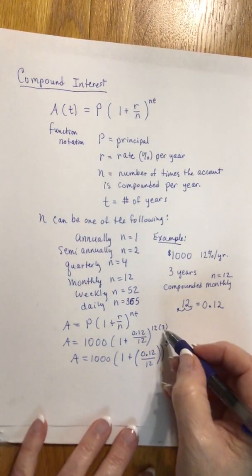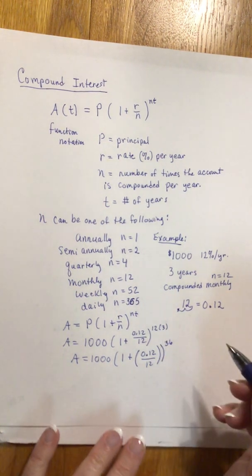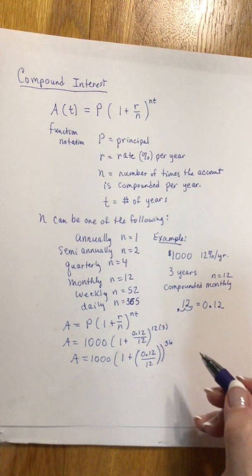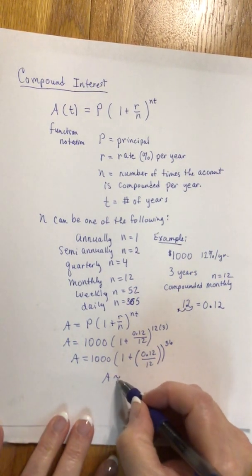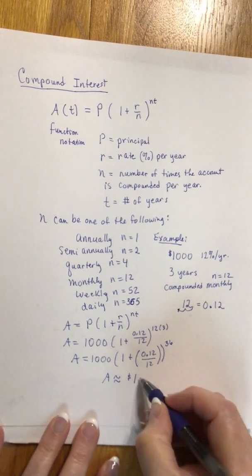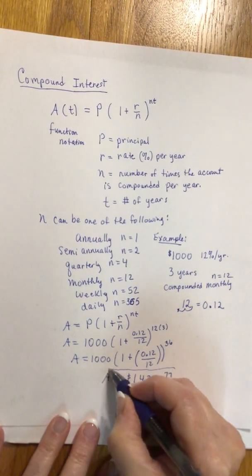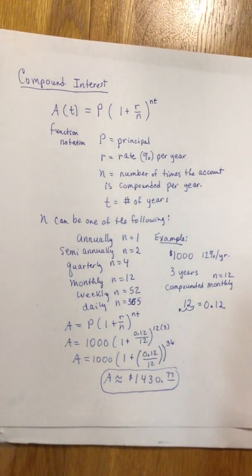Now, if these numbers are really odd numbers and we can't do it in our head, then we put parentheses around it to make sure you know that that's the whole exponent. So when I put this into my calculator, I'm going to use the caret to make the exponent, and I'm going to come out with A is approximately, since it's money, we're going to go to the nearest penny, $1,430.77. So we start out with $1,000, and 3 years later, we have $1,430.77. And so that would be compound interest.